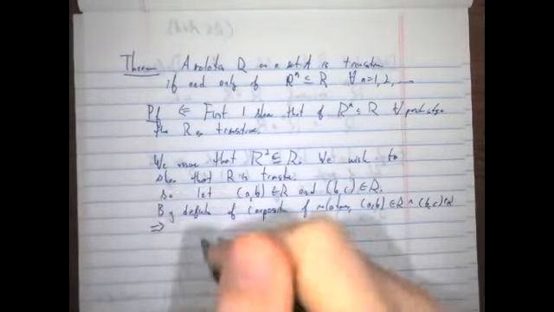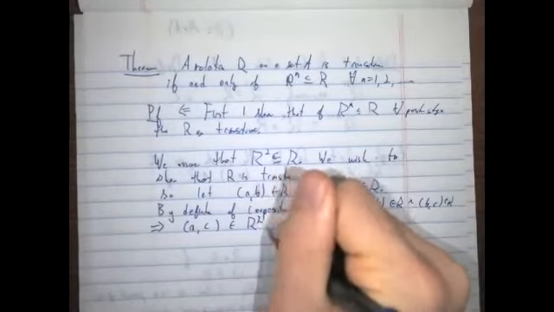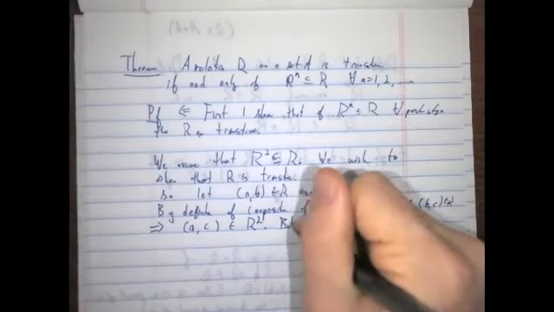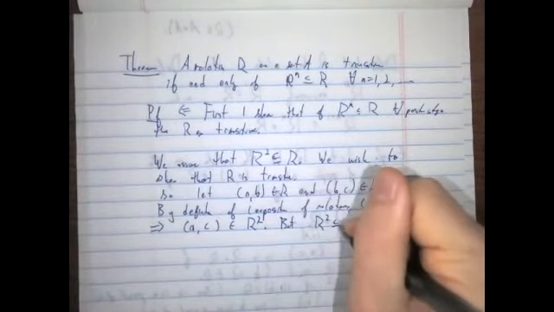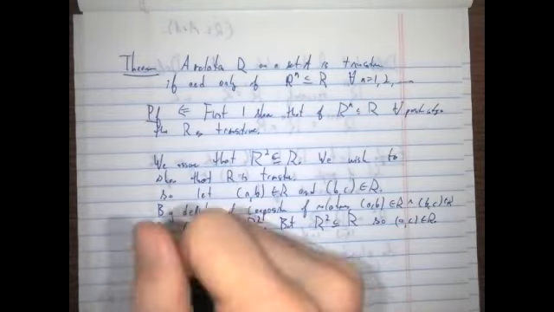A comma B in R and B comma C in R implies A comma C is inside R squared. But R squared is a subset of R, so A comma C is in R. Thus, the relation is transitive.